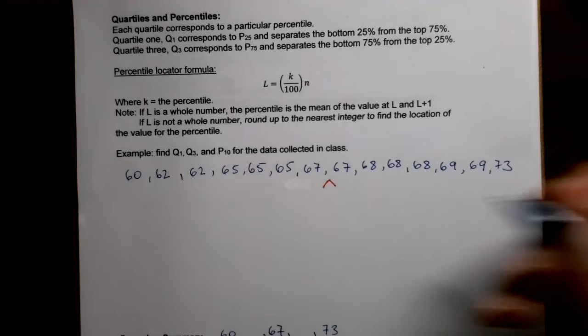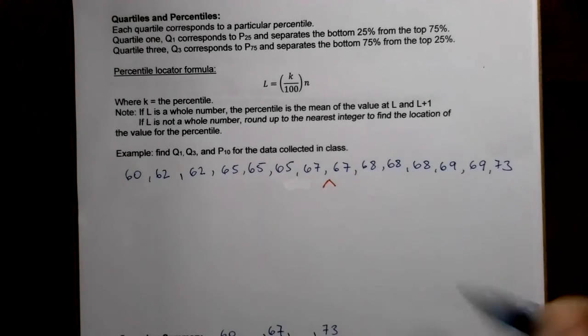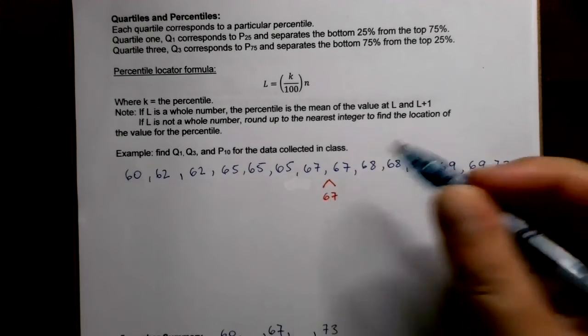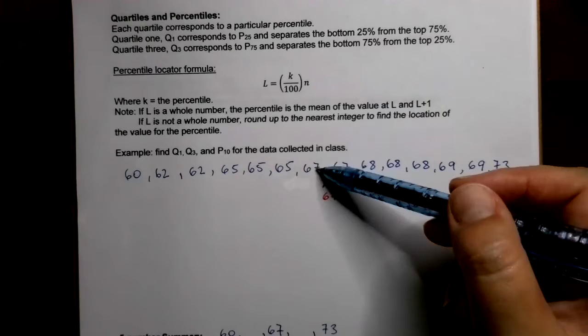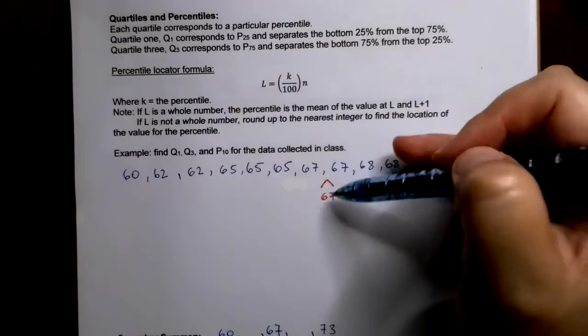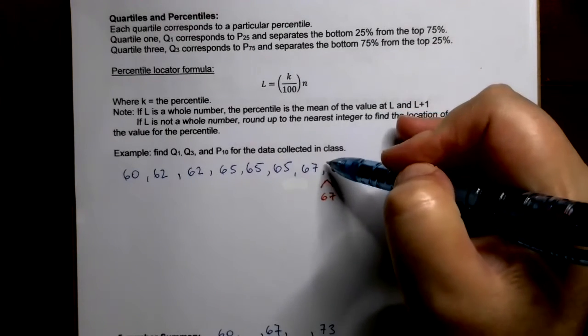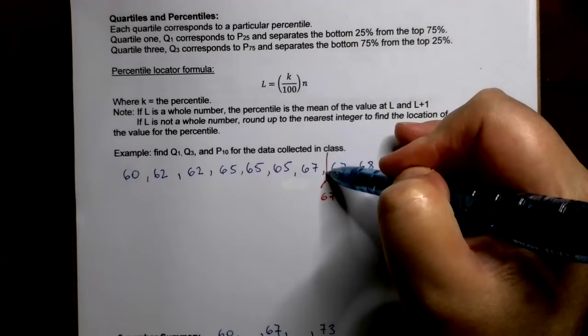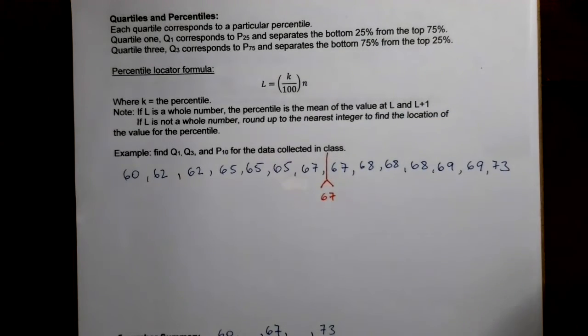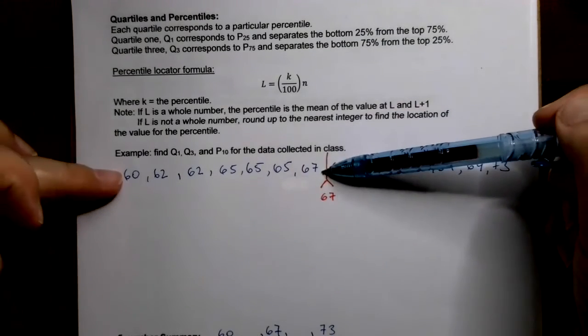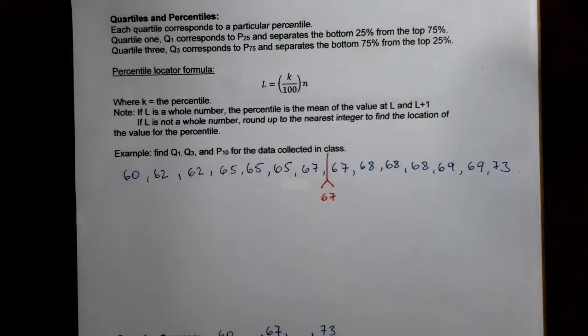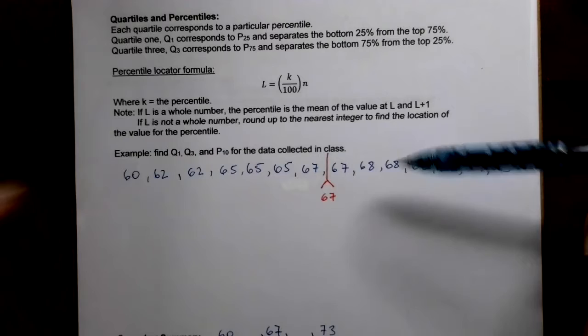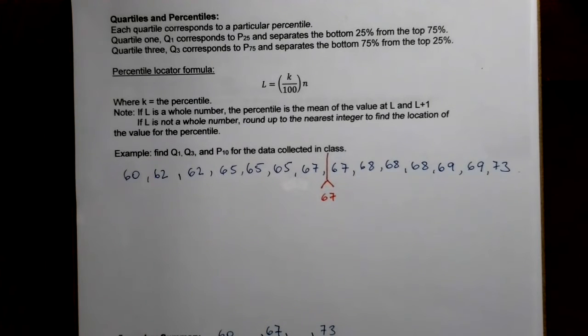So this value was right here. 67 was the average of these 2 values. So your median divides your data in 2 portions, the lower half and the upper half. And we have exactly 50% of data values below the median and above the median.